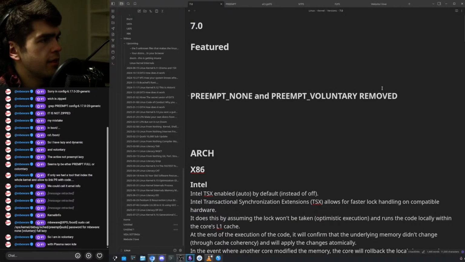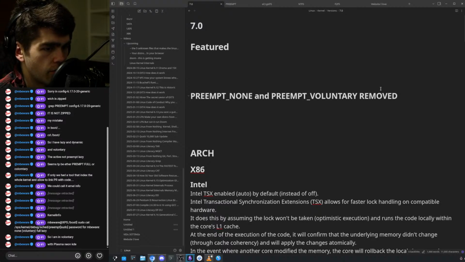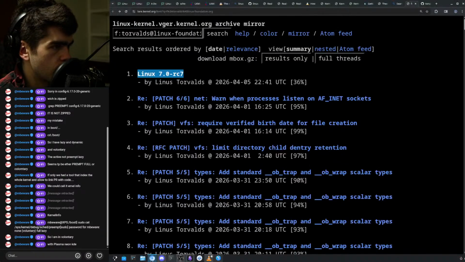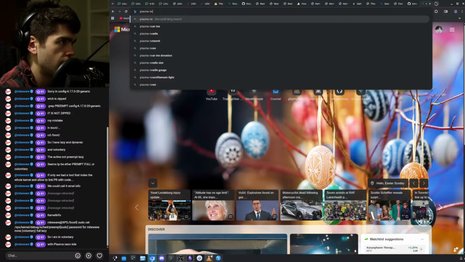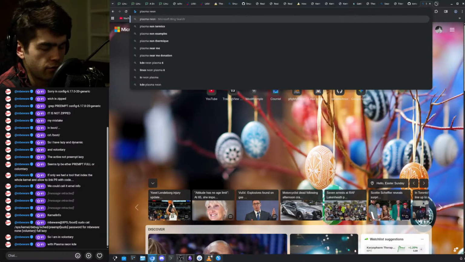Okay, preempt none and preempt voluntary removed. Plasma Neon KDE. Okay, you're talking about, just to be sure, when you say Plasma Neon, it's the Ubuntu thing, right?